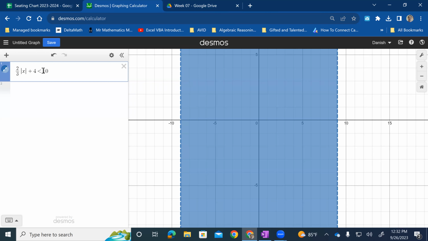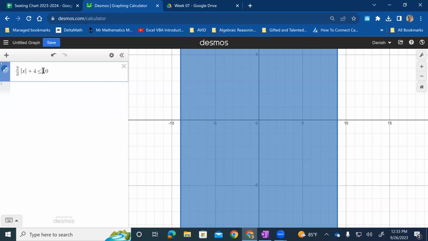Now, last words I told you. If I put here an equality sign, did you notice the change? No. I will do it again. You see, when it's equal, that line is changing. When it's equal, the line is not dotted, it's a solid line. That means that line is part of the solution.